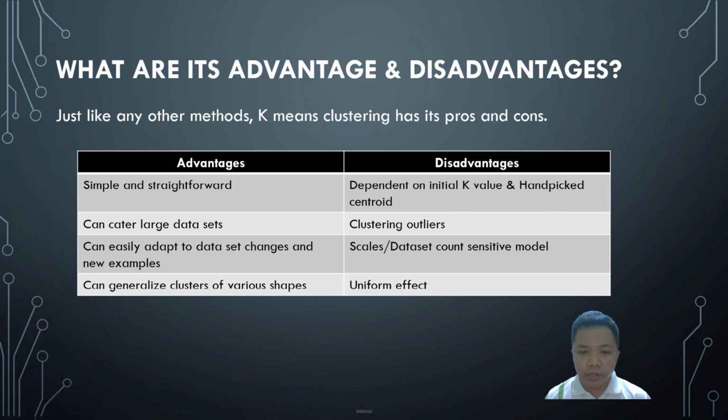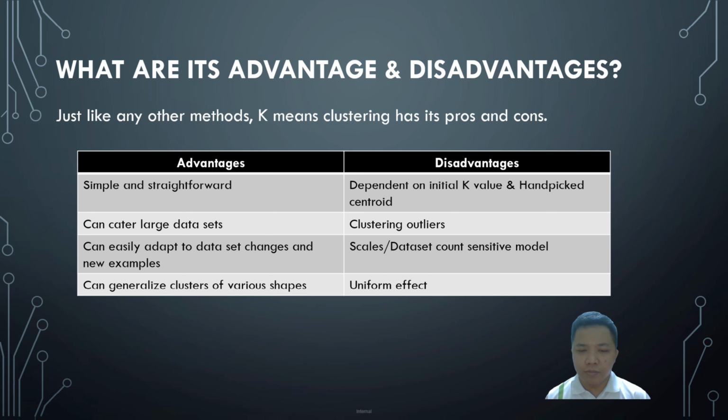Another is that it scales the data set. It's a very sensitive model in terms of data set count. Actually, this can be an advantage and a disadvantage as well. It's very data set sensitive: once you insert something, the results will change. Either way, it's very dynamic, in such a way that the data is moving towards whatever you input, and it will adjust itself automatically.